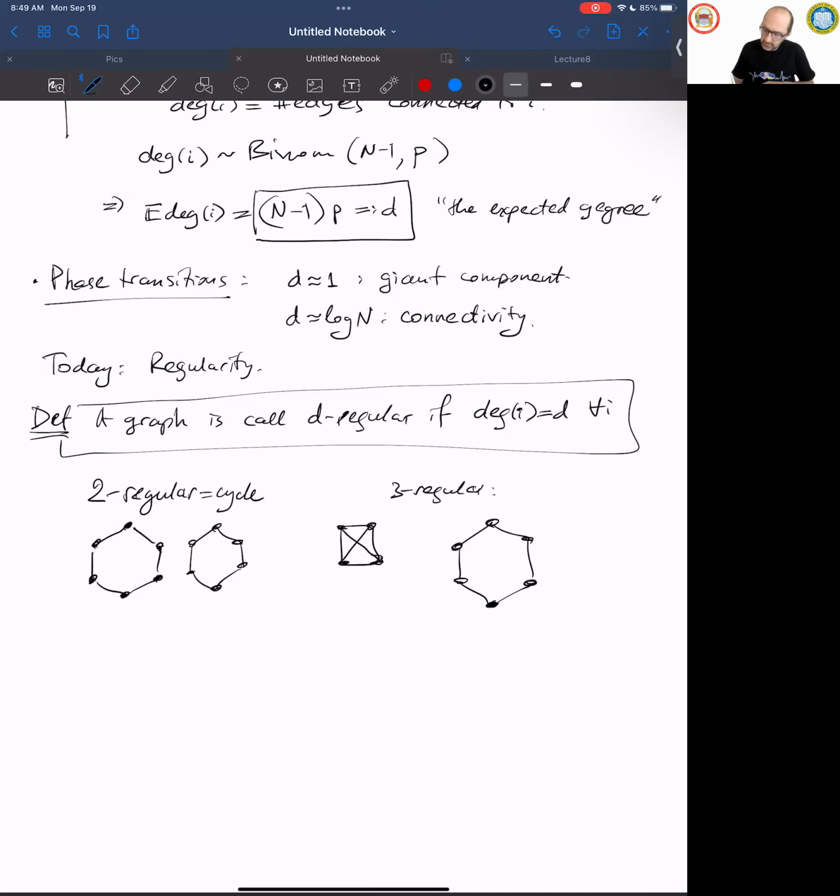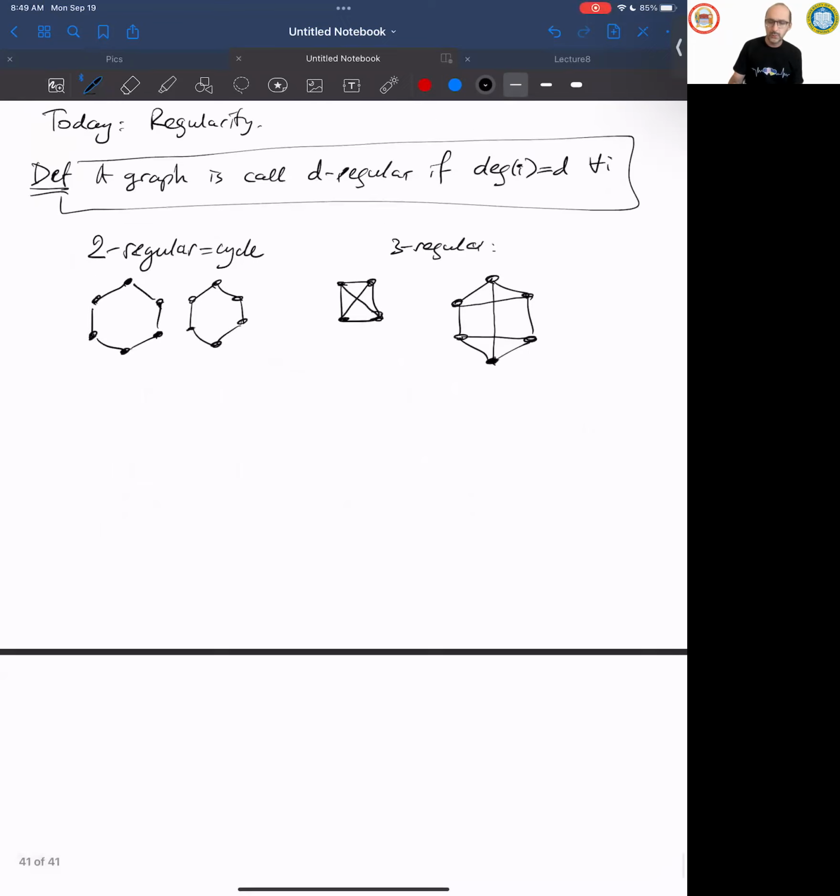And this is a three-regular graph too. I just do this and this and this. Good. And so on. We can keep playing with this: four-regular, five-regular.